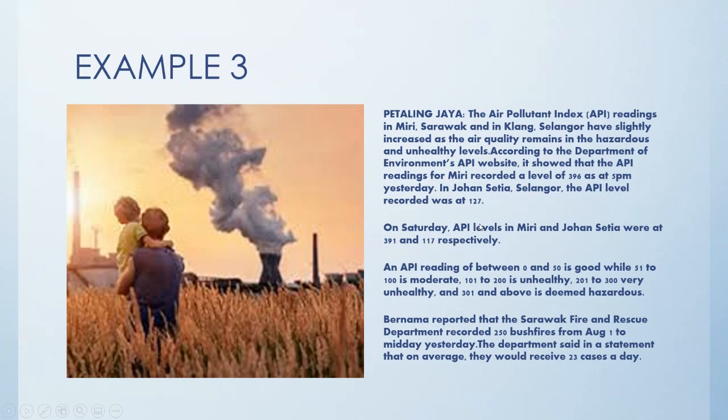The API index increased to 391 and 117 respectively. So why does it happen? And then what are the effects towards the society? What are the factors? And then we can also come up with forecasting, whether the air pollutant index will increase or not in the future based on the current trend.